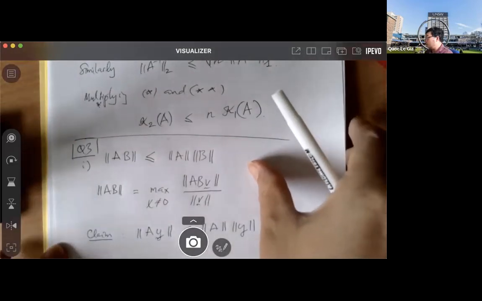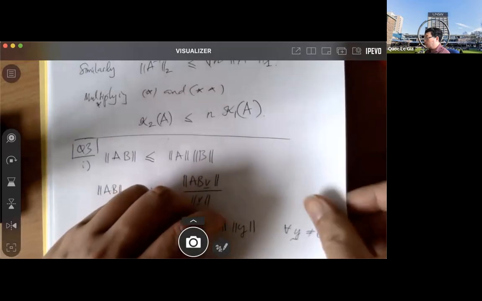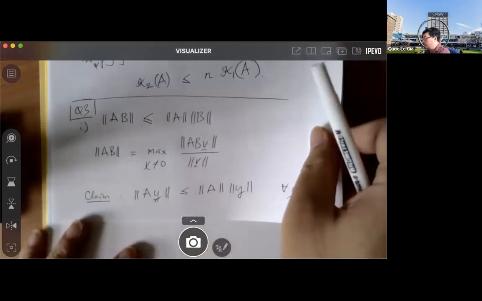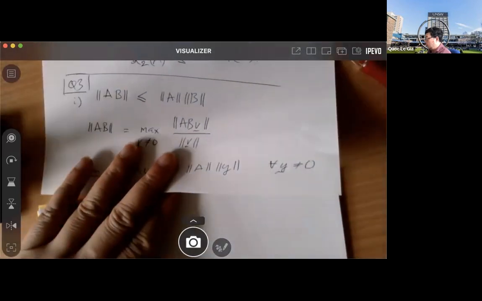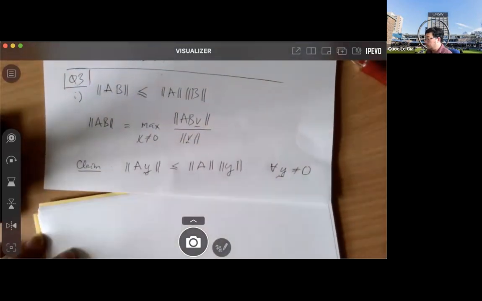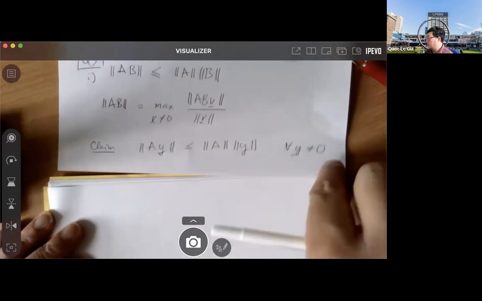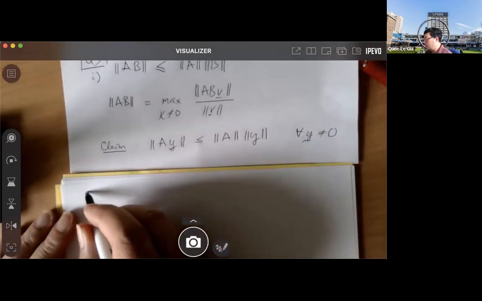Well, now if I have a non-zero vector Y, this is the proof of the claim.